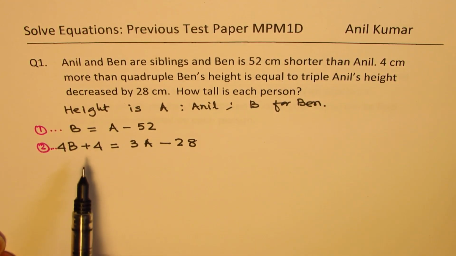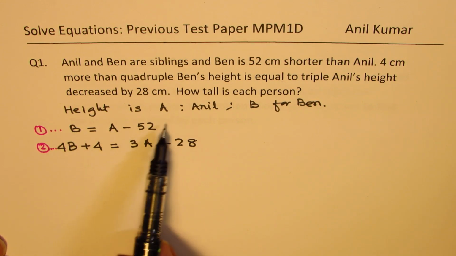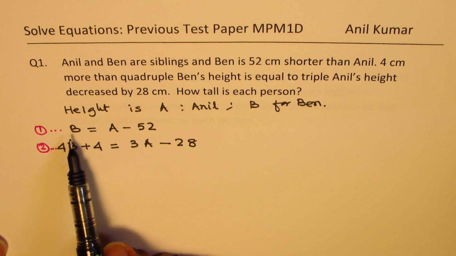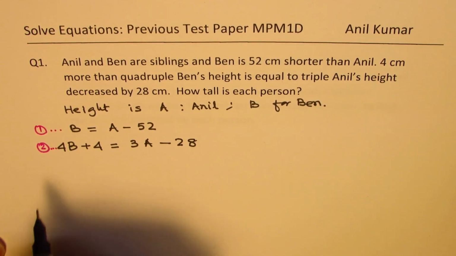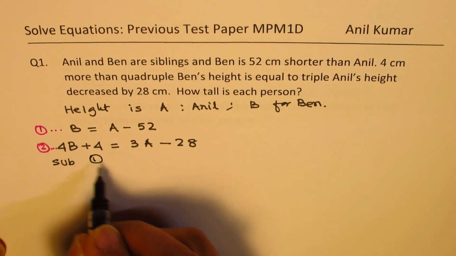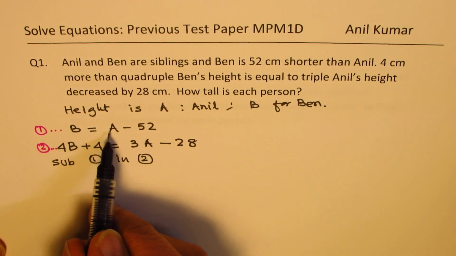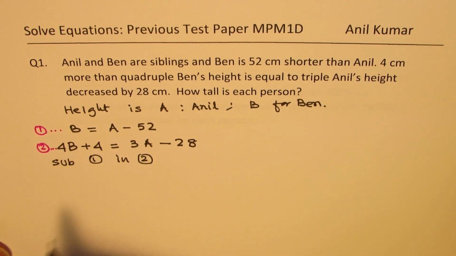Now we can substitute the value of B to find the value of A, which is Anil's height, and then we can find the value of B, right? So now we'll substitute 1 in 2. That is to say the value of B, which is A minus 52, in the second equation.